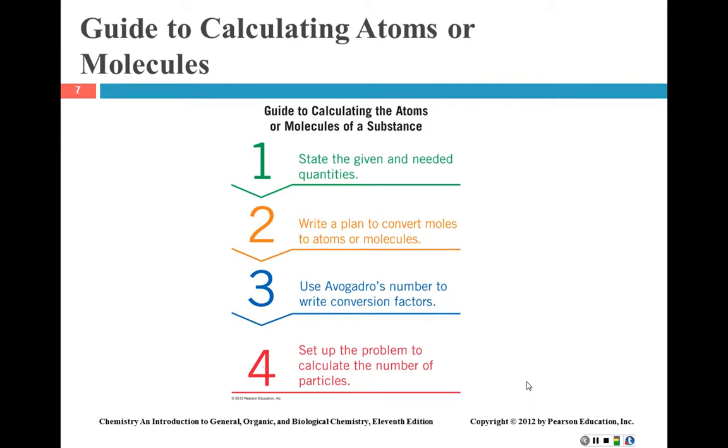So when we calculate atoms or molecules, we state the quantity that we need. We write the plan to convert moles to atoms or molecules using Avogadro's number. We're going to use Avogadro's number to write the conversion factor, and then we're just going to do the calculations.